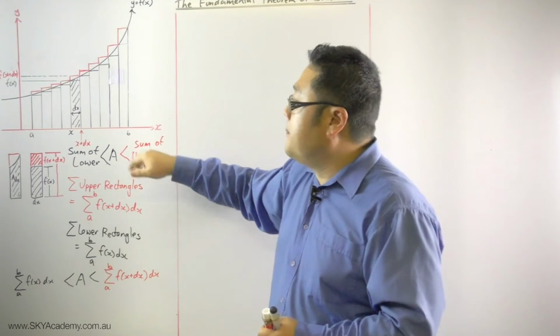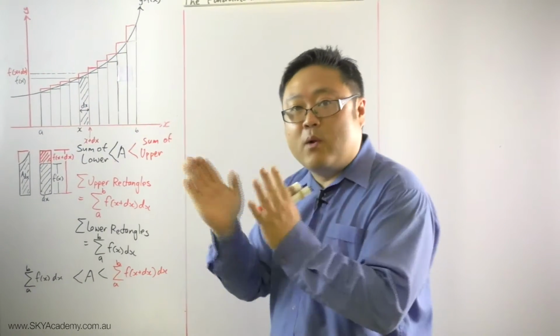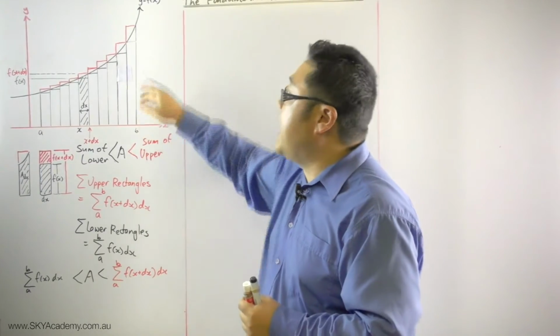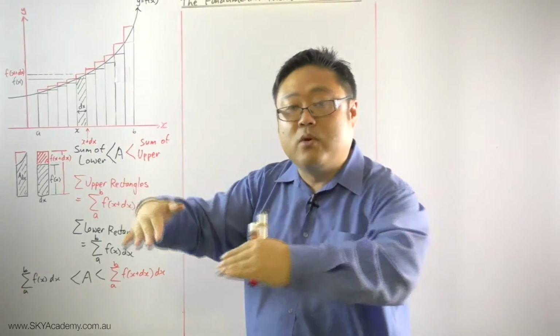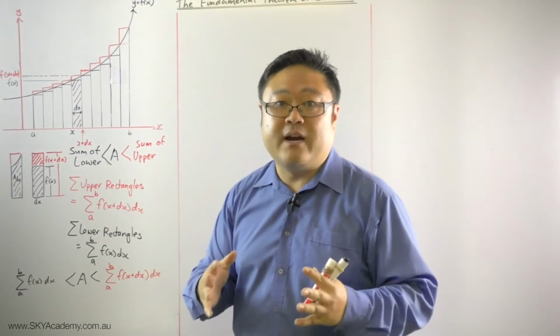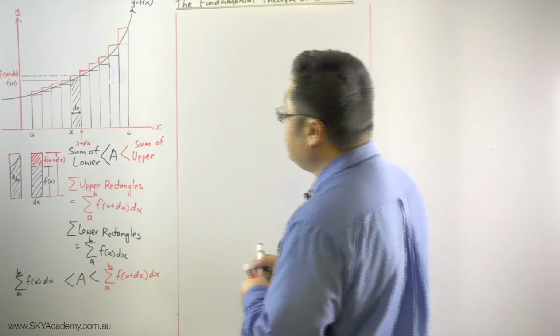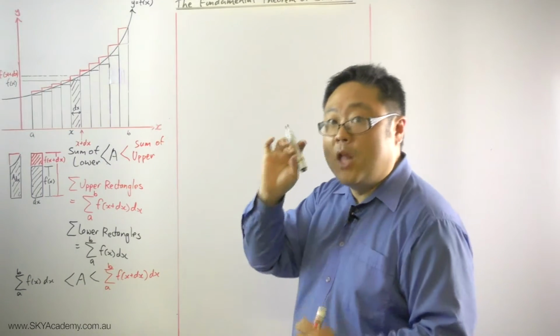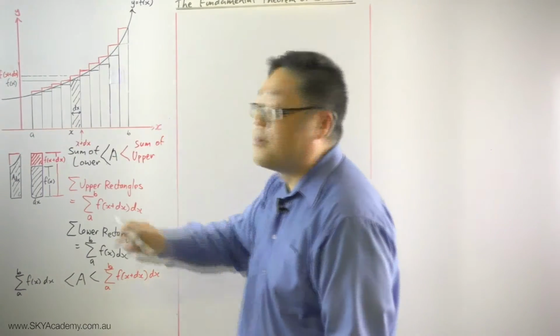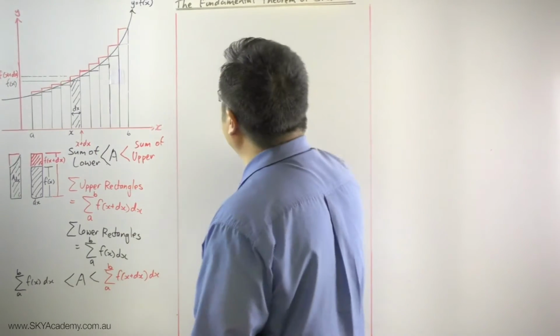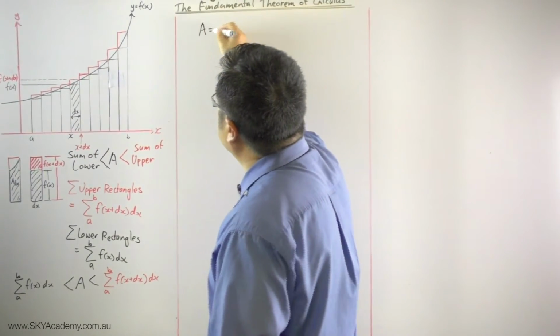And by making the strips narrower, the sum of the upper rectangles will get smaller and smaller until it approaches the actual area. Does that make sense?